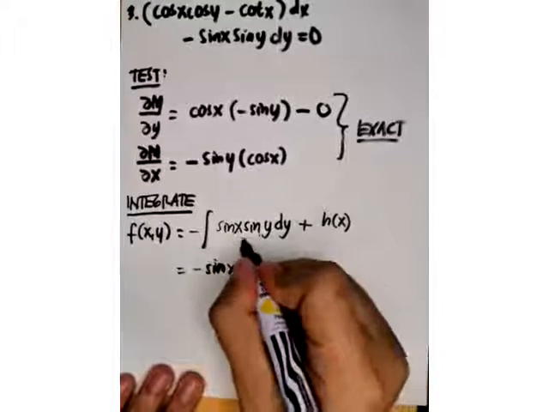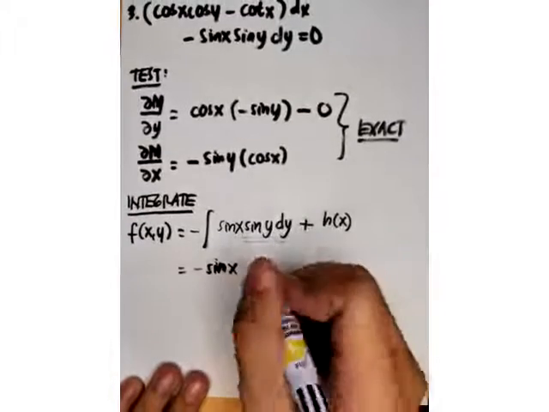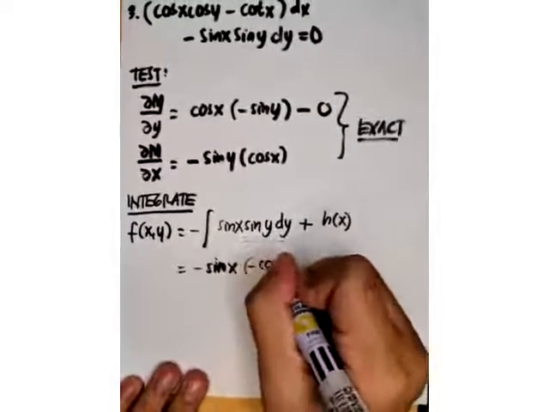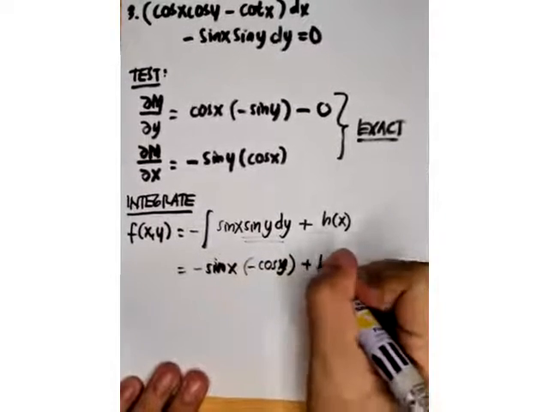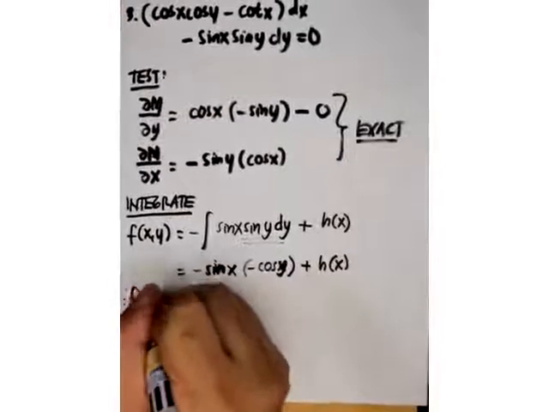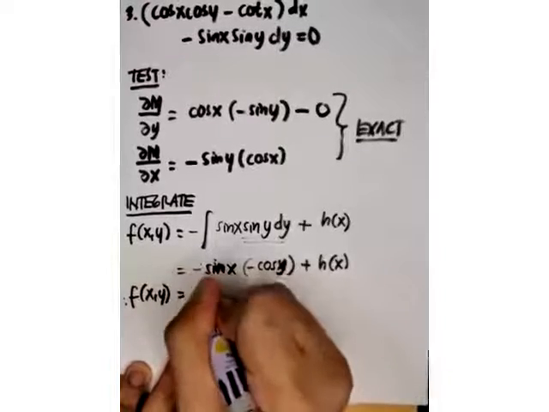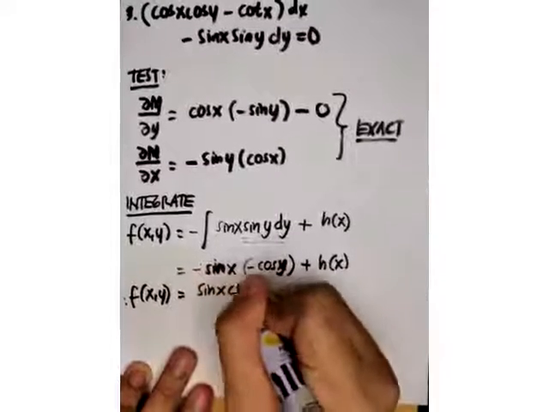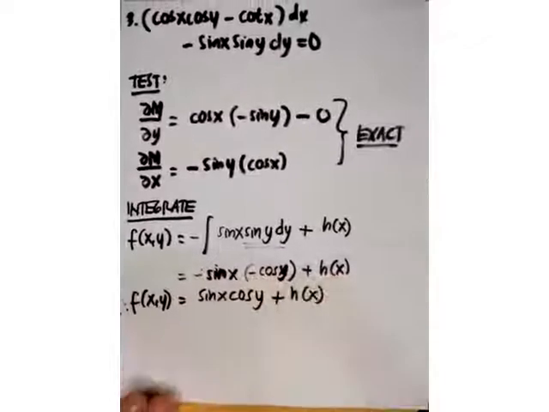Ano ang integral ng sin y dy? Negative cosine y. Plus h of x. So therefore, our f of x, y is equal to, cancel yon, sin x cosine y plus h of x.